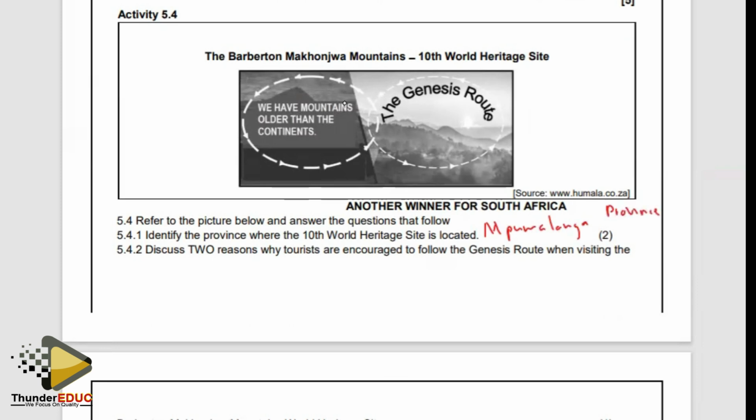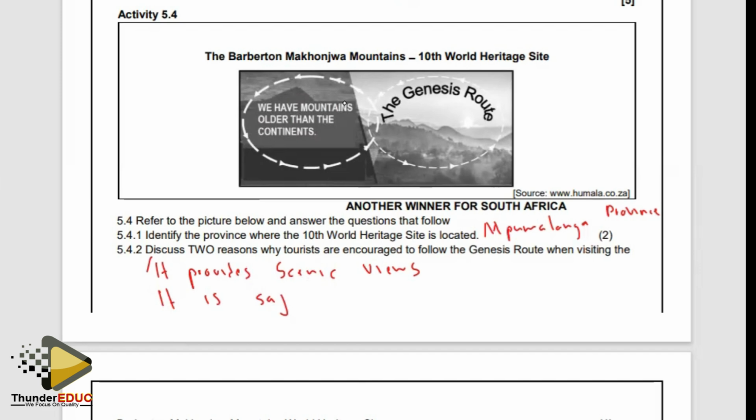Then discuss two reasons why tourists are encouraged to follow the Genesis route. It provides scenic views. It is actually safer for tourists to follow the Genesis route.